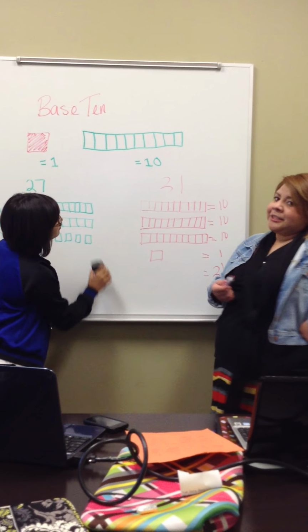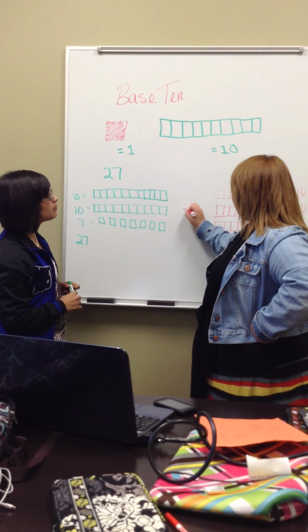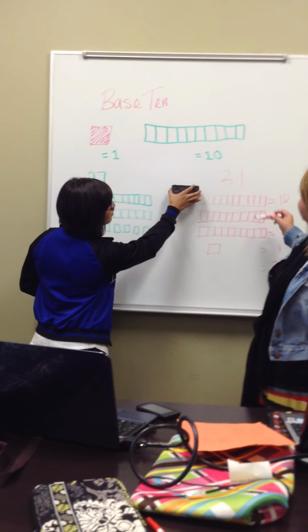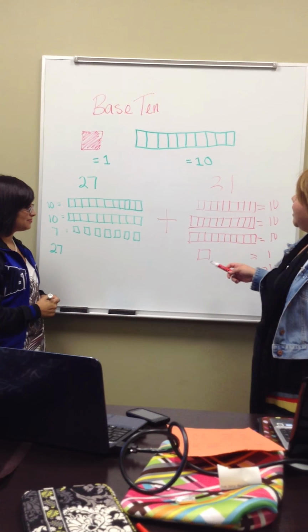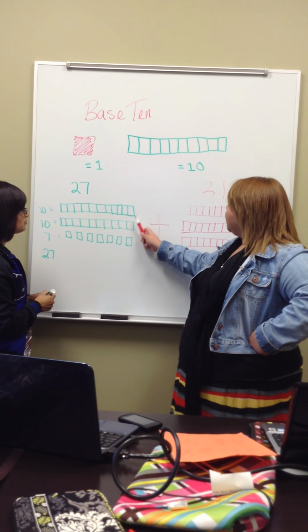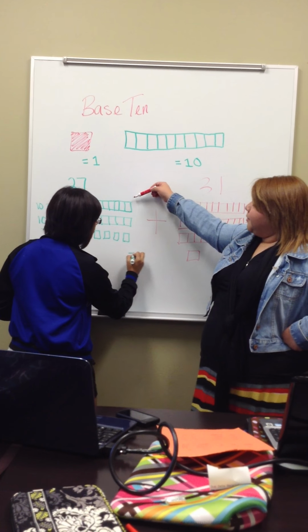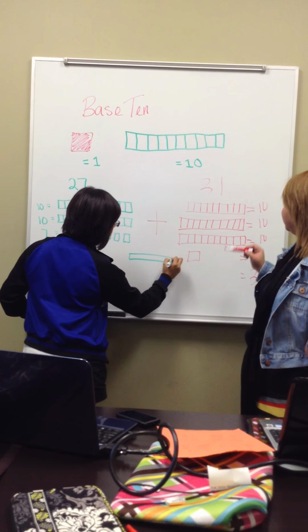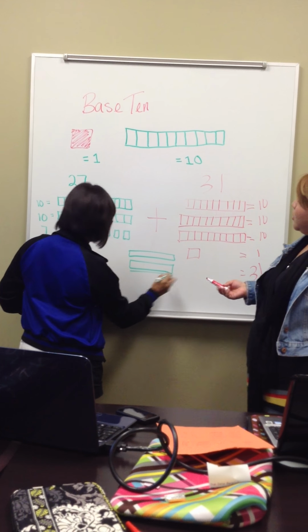And now what we can do is we can add or combine the two numbers, 27 and 31, by combining first the sticks, which equals 1, 2, 3, 4, 5. Okay, you go ahead.